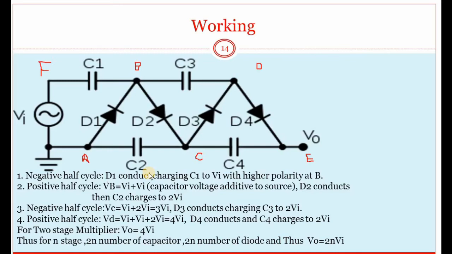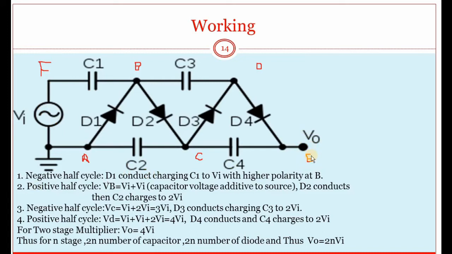Here it is a two-stage voltage multiplier circuit, and its output DC voltage will be 4 times the input voltage. Here Vi is the input voltage, and the output voltage at terminal E will be 4 times this input voltage.